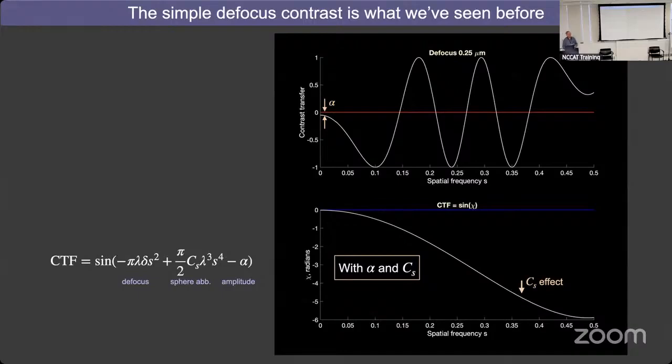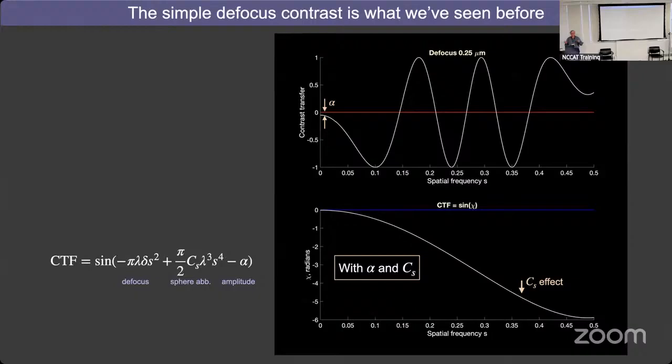Yes? Would negative and positive contrast both be good, or would you rather have one? Yeah, in principle, negative and positive contrast would be just fine. It's just a matter of whether your protein looks black or white in your micrographs.